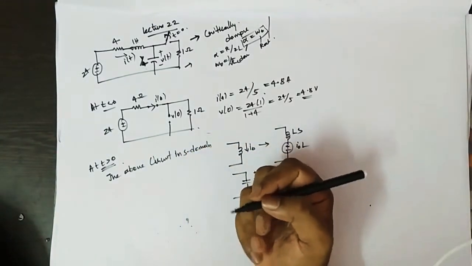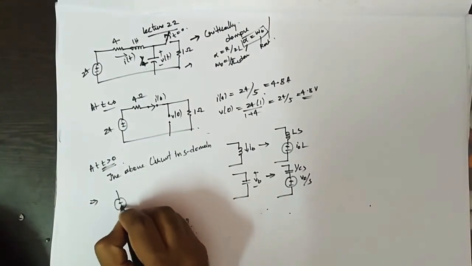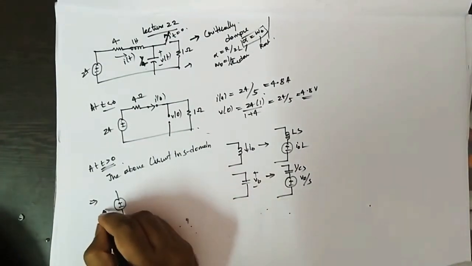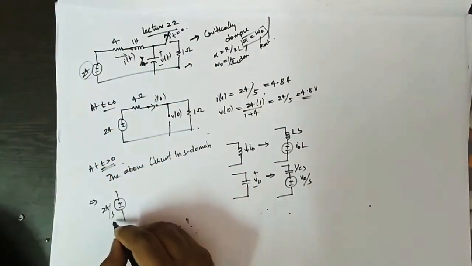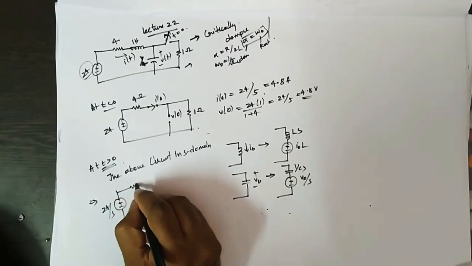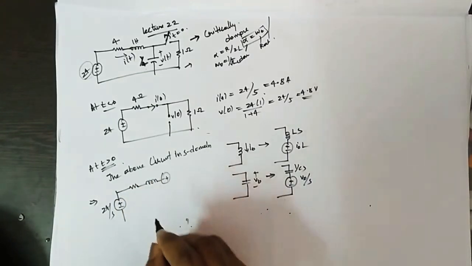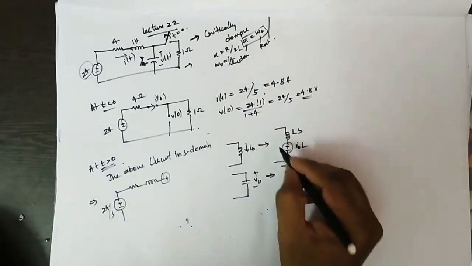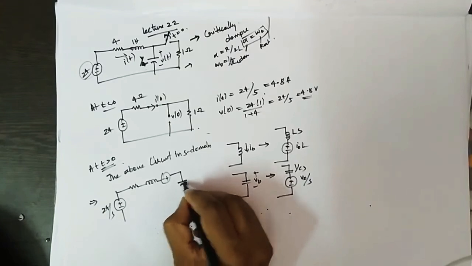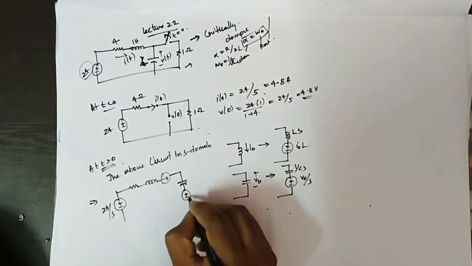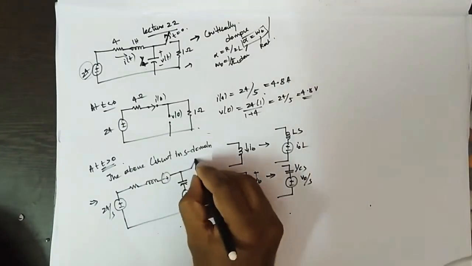Now we'll write the S domain equation. The 24 volt constant source will be 24 by S, and the inductor and capacitor are replaced by their equivalent circuits. The switch is open.